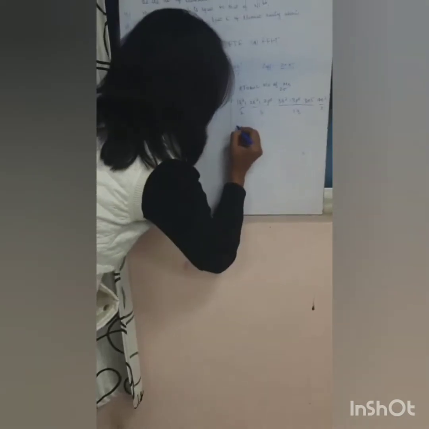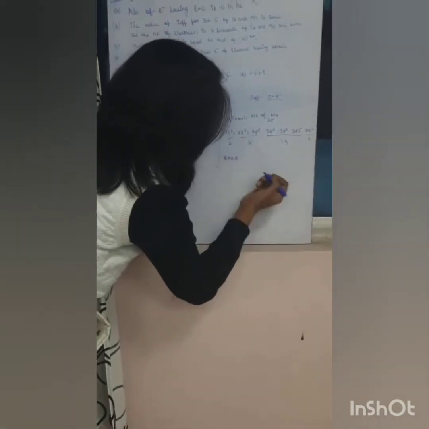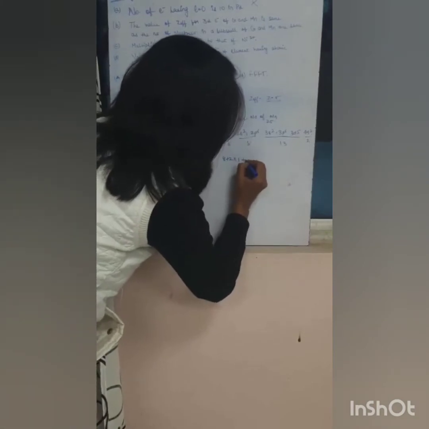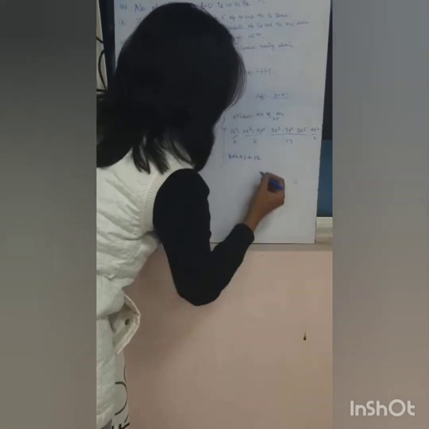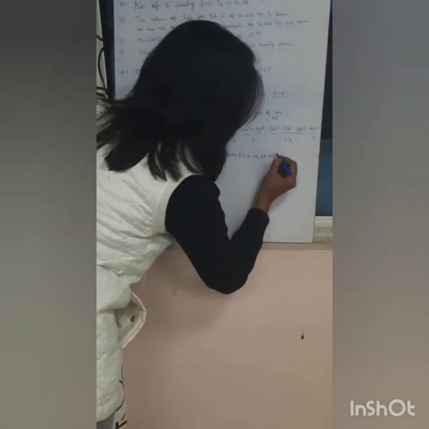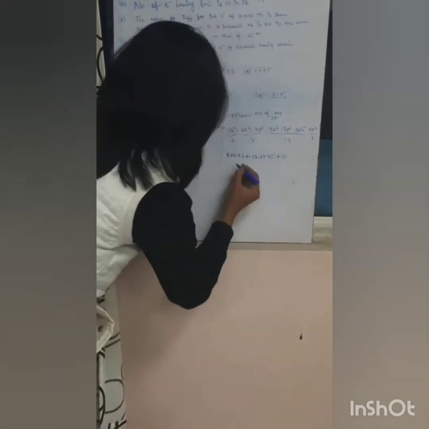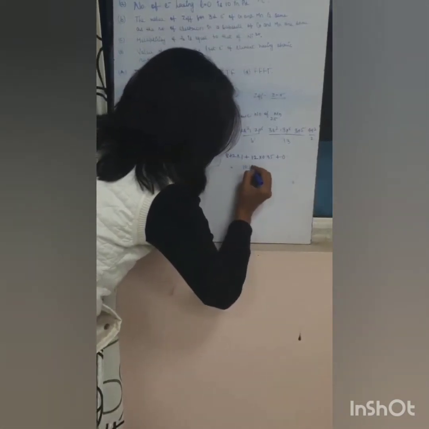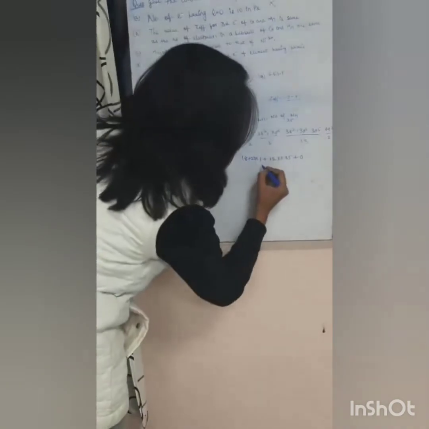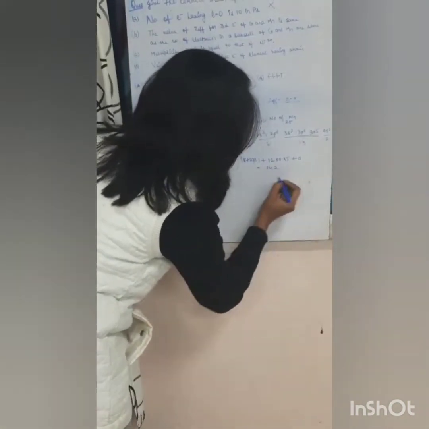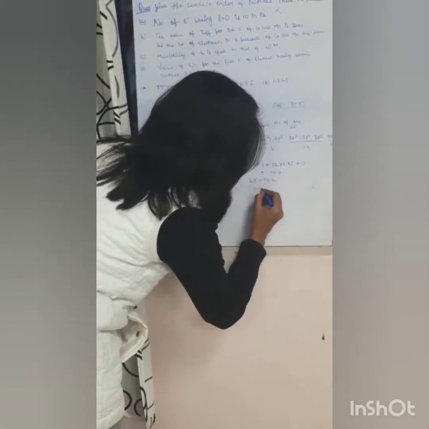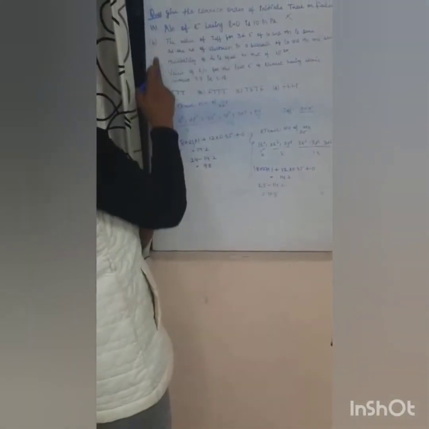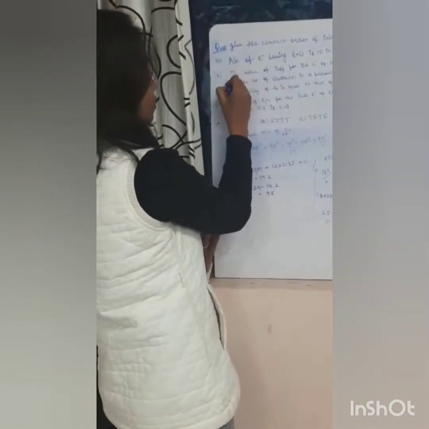So it is 8 plus 2 into 1 plus 12 into 0.35 plus 0, which is 14.2. Now 25 minus 14.2 is equal to 10.8, which is not the same. So our statement 2 is also wrong.